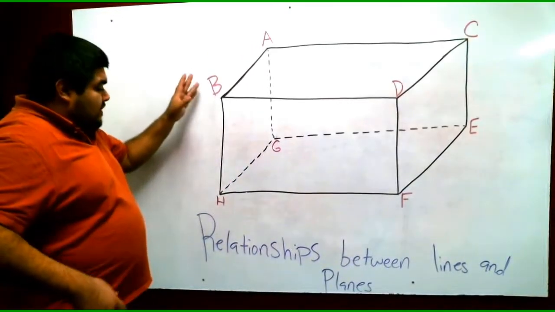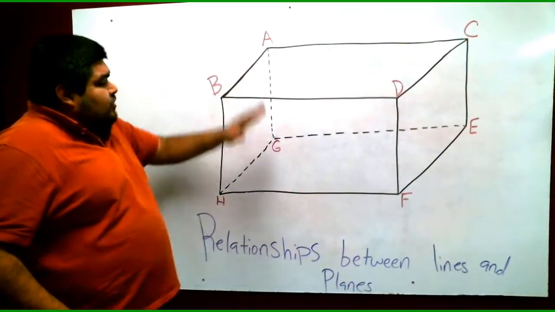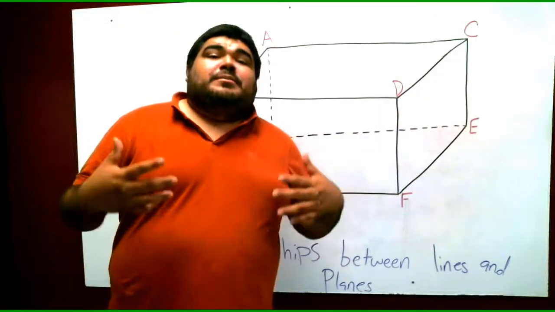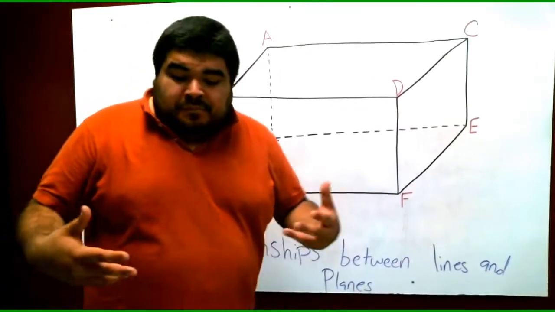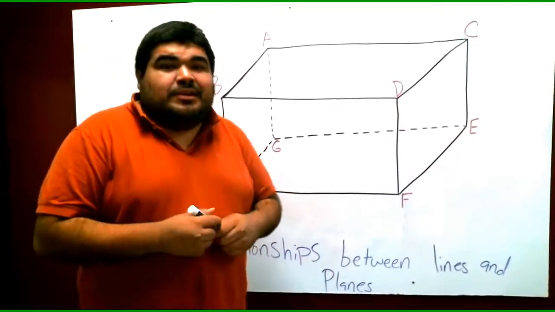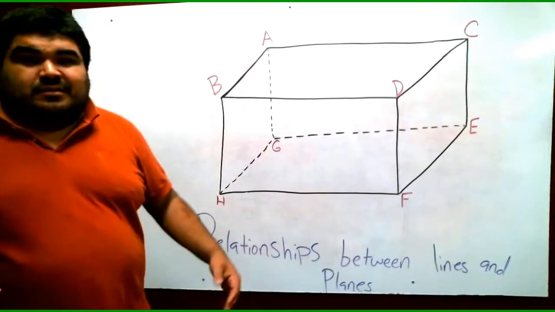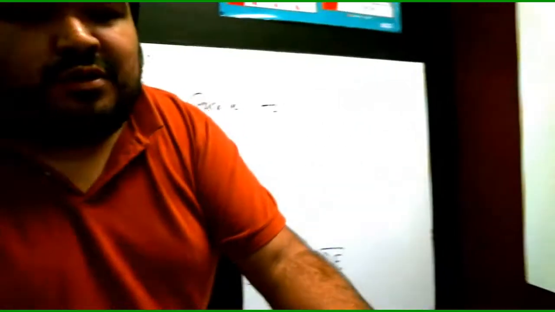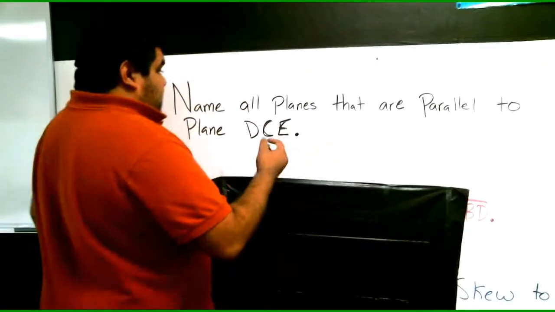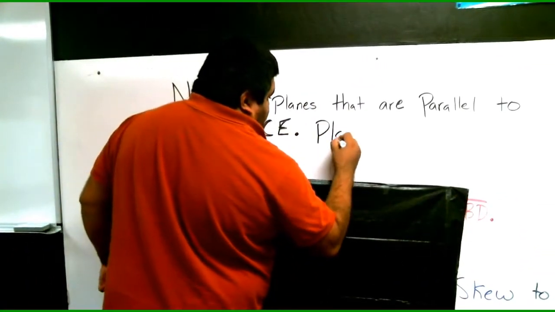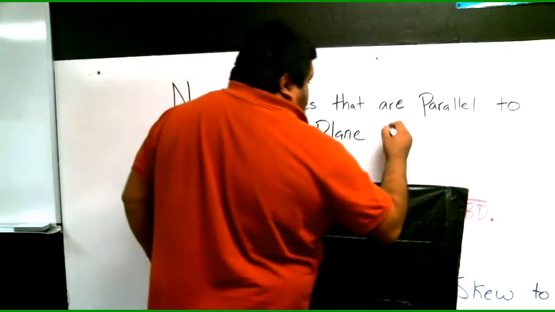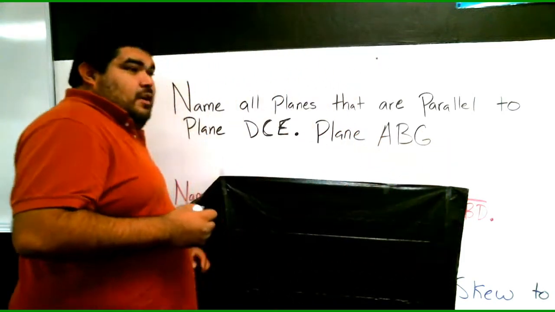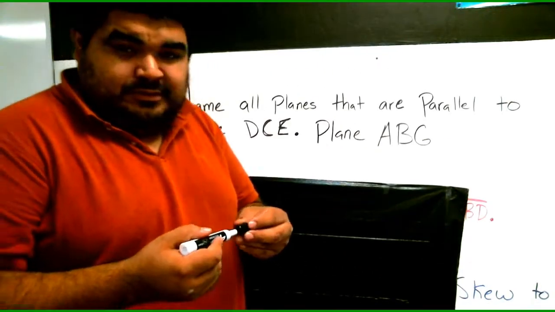You can even say BHG or AGH. It really doesn't matter how you label it, because it's still the same plane. I'm going to label it A, B, and G. So our answer, like I said, can be any one of those. My answer is going to be plane A, B, and G, because that's the only one that is parallel to it.